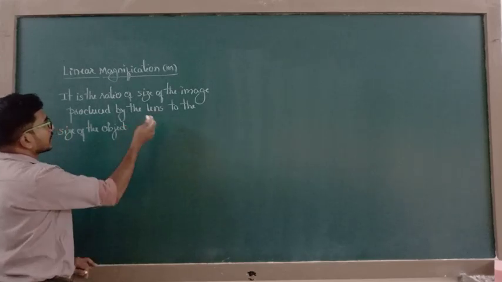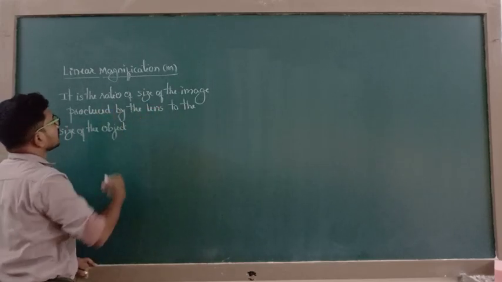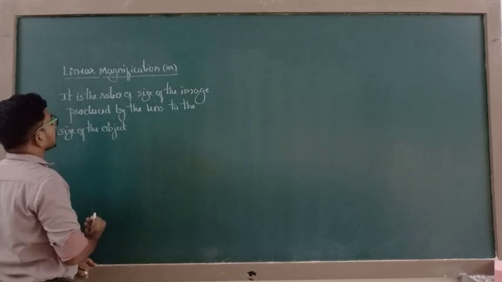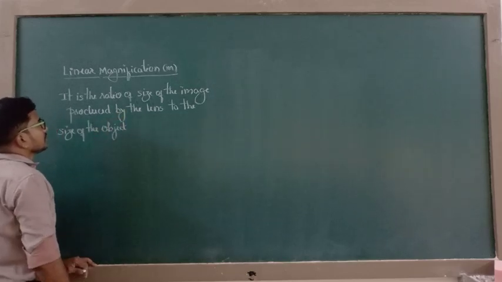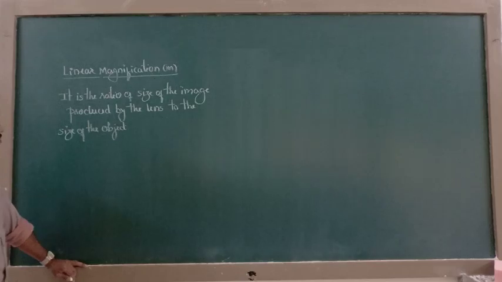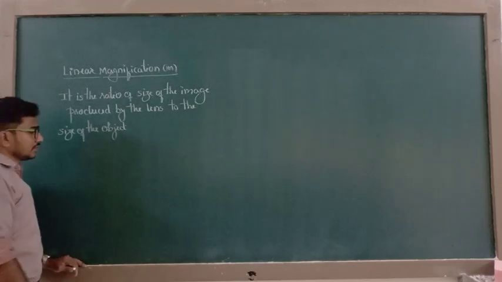Or instead of size we can write height of the image to the height of the object. It is the ratio of the size of the image produced by the lens to the size of the object.